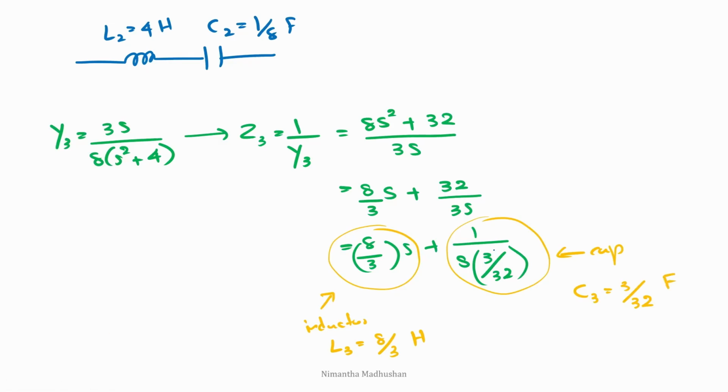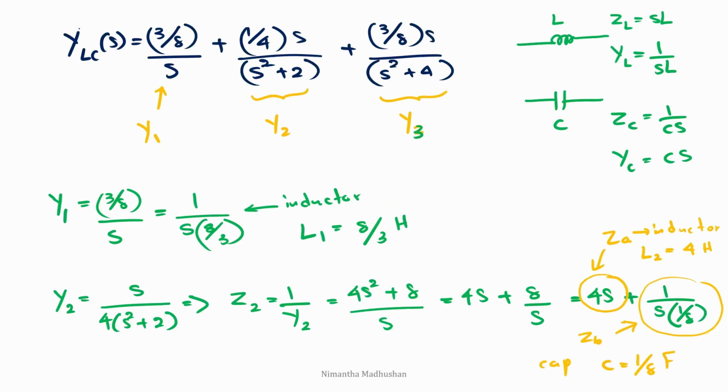And these two impedance values are connected with a plus mark, which means they are connected in series. L3 is 8 over 3 Henry and C3 is 3 over 32 farad. This is the representation of Y3. And if we consider the total admittance, the combination of Y1, Y2 and Y3 are connected with plus marks. That means they are connected in parallel.